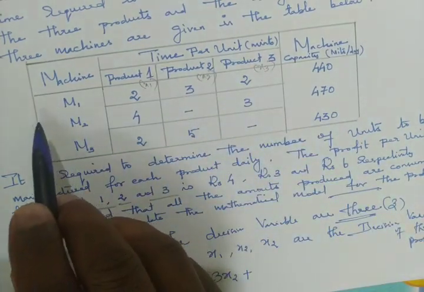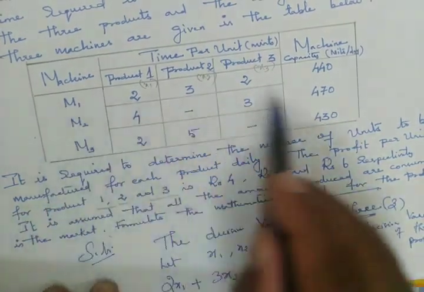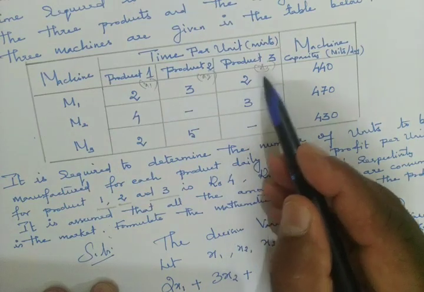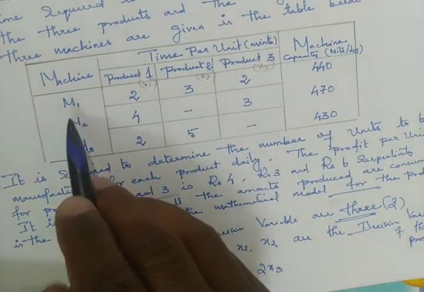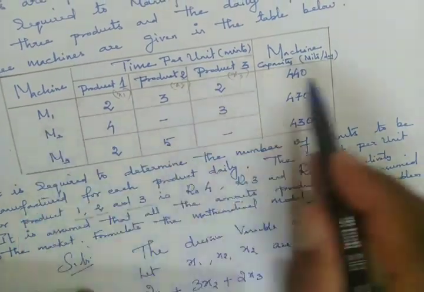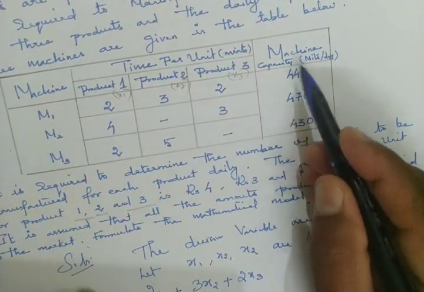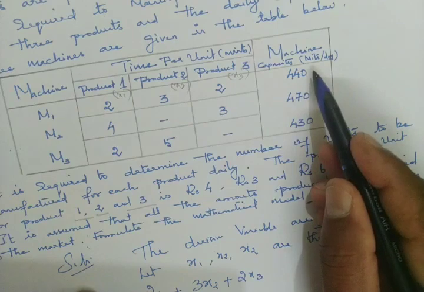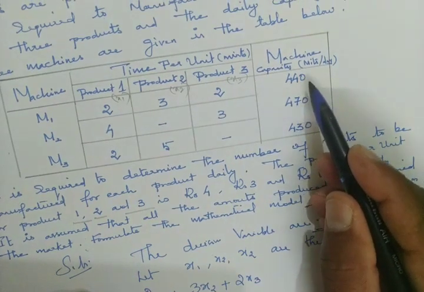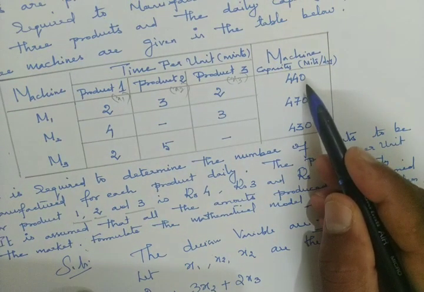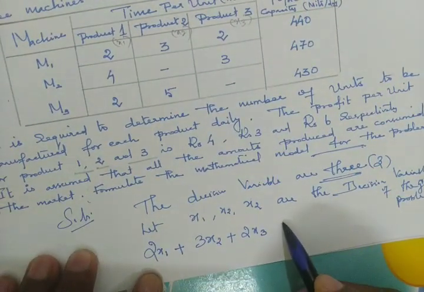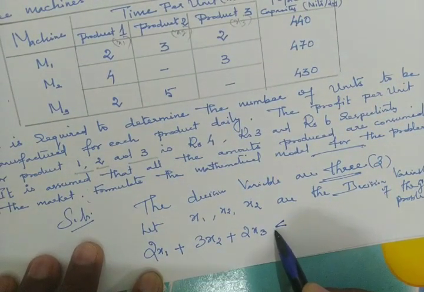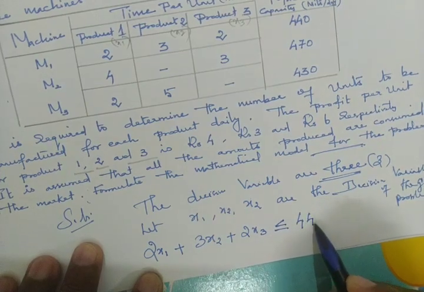First we complete one machine fully, m1. Totally the machine is available per day a maximum of 440 minutes. You can't use more than 440 minutes, you can use less than or equal. So that's why the constraint inequality is less than or equal to 440.